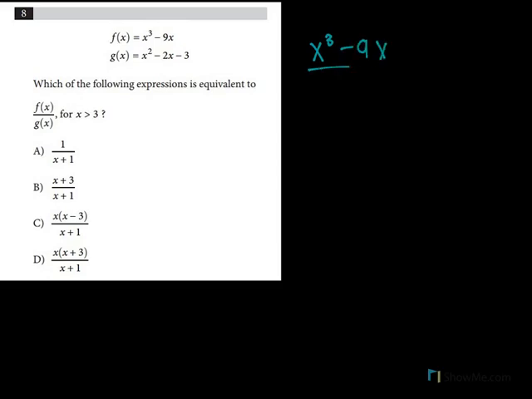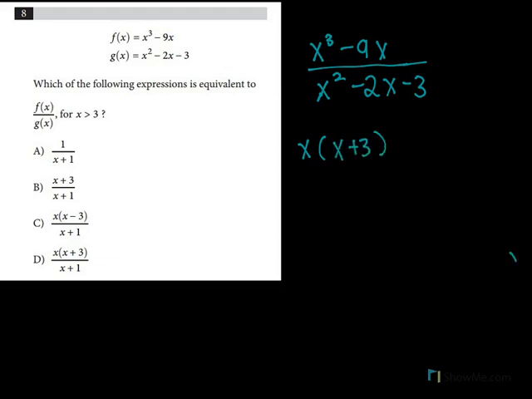So first let's write that out. F of x is x cubed minus 9x, and g of x we're given is x squared minus 2x minus 3. The simplest way to do this would be to factor first and then solve. First of all, we're going to have to factor x cubed minus 9x, the numerator.